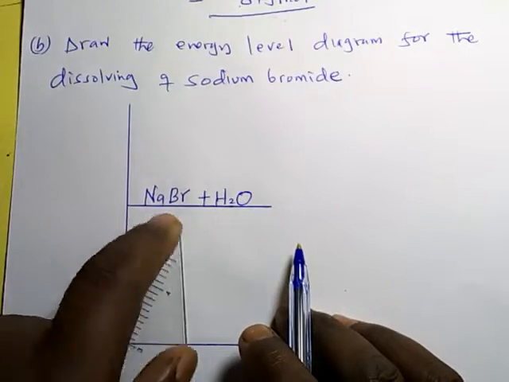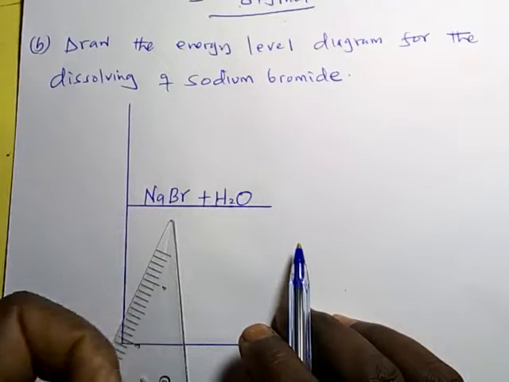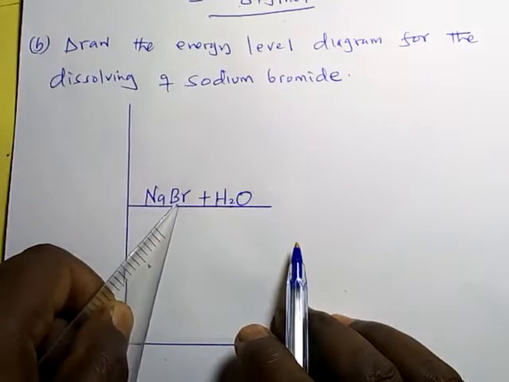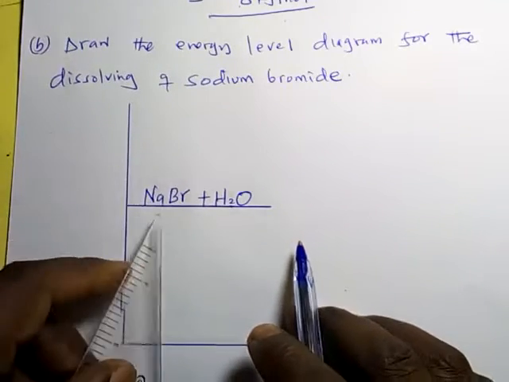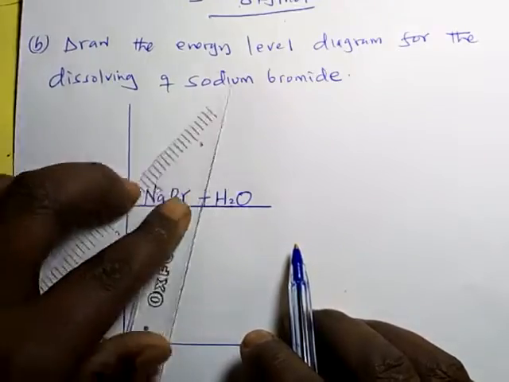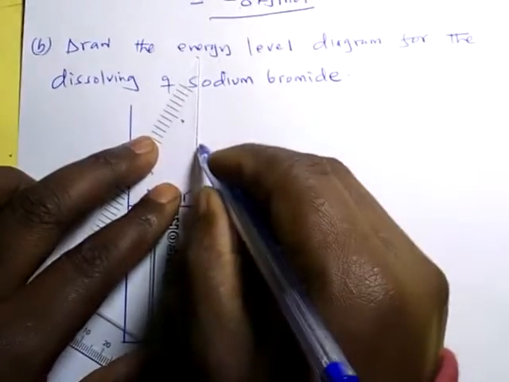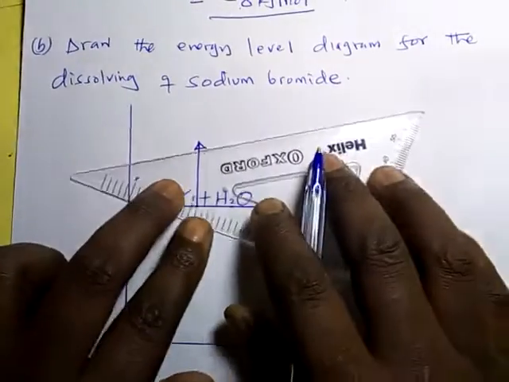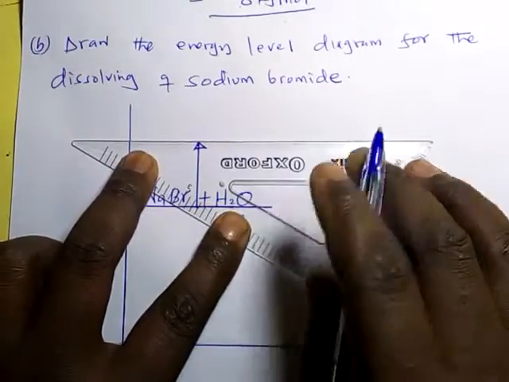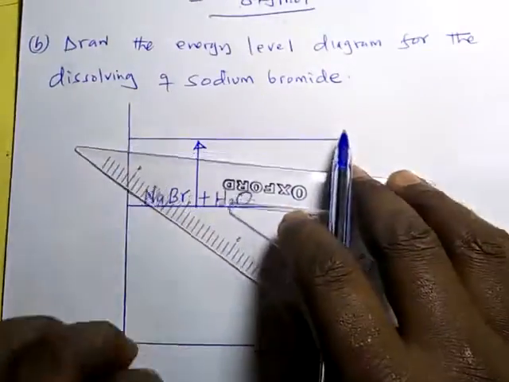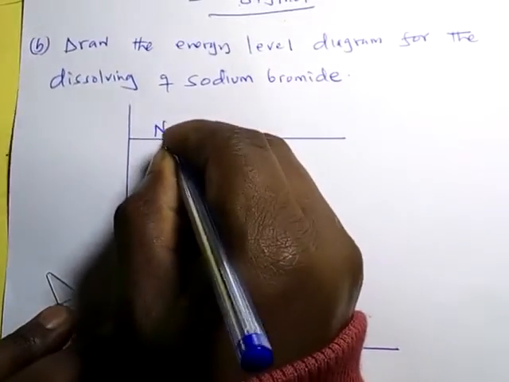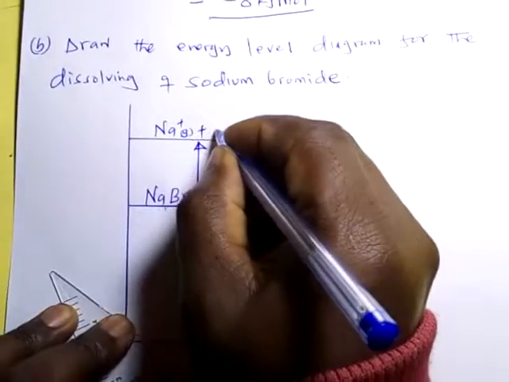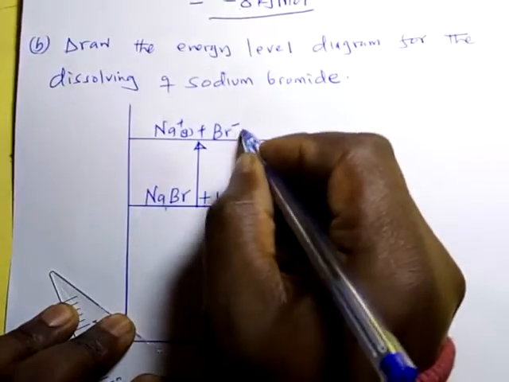So what will happen? Stage 1, the sodium bromide bonds will be broken, forming sodium ions in gaseous form and bromide ions in gaseous form. That one is endothermic and it has to go up. This one will form a sodium ion in gaseous form plus a bromide ion in gaseous form.